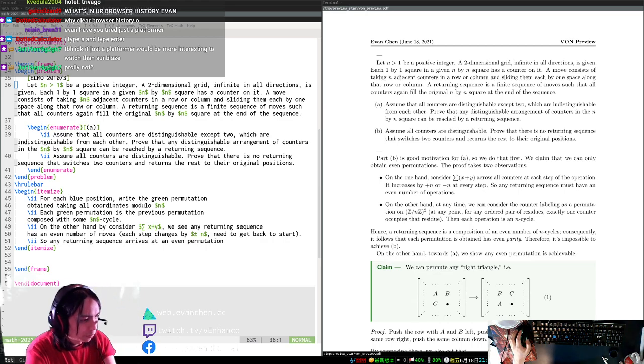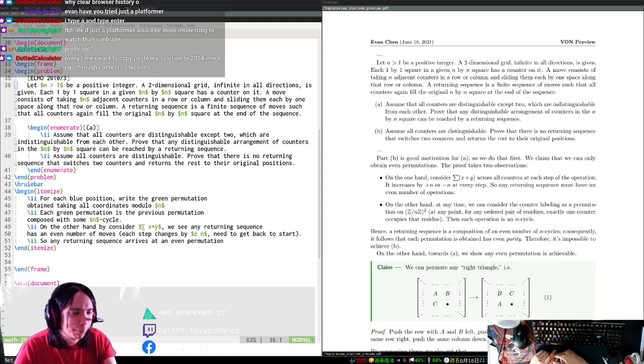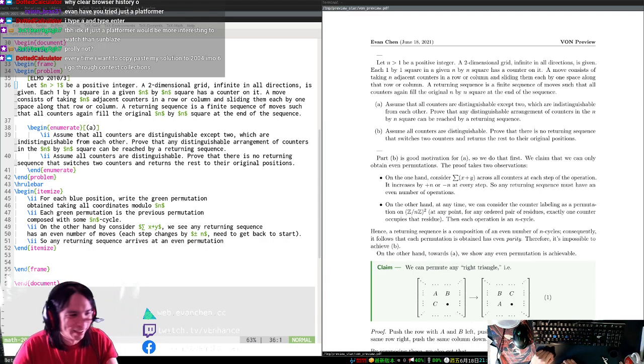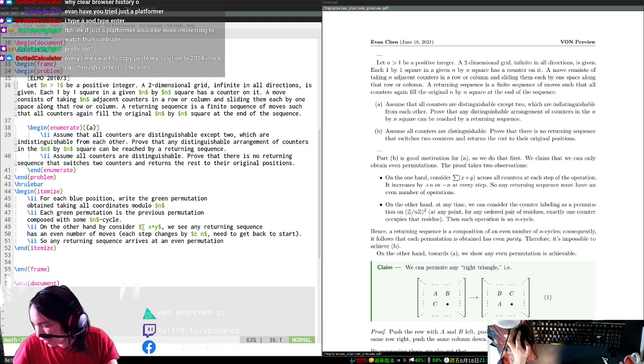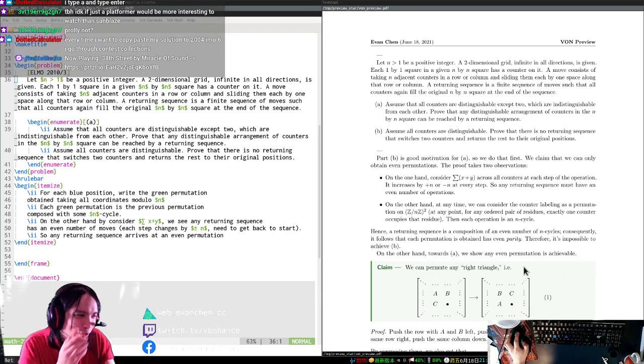Why clear browser history? Sometimes it doesn't really matter because this is the account anyway. But I'm worried one day I open my browser by accident and it's showing my email, and my email has the USMO problems in it. Or I open Discord and the USMO grading Discord is open, which happened already.